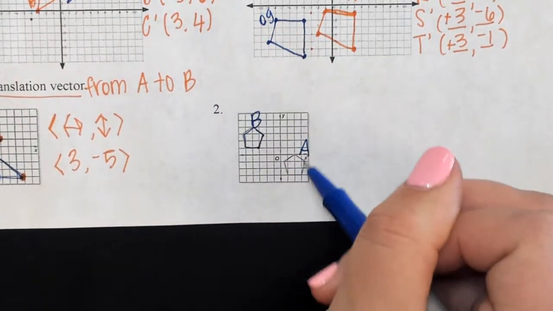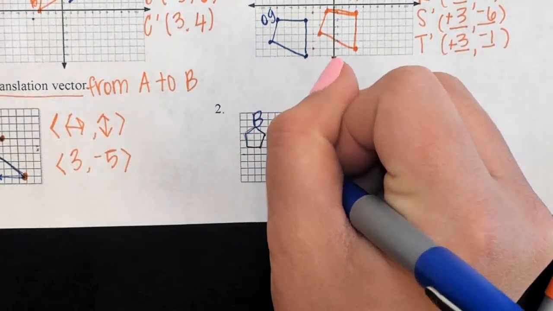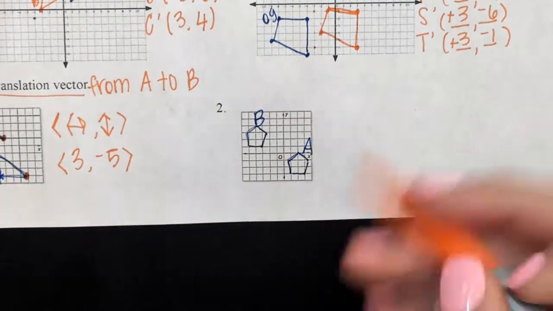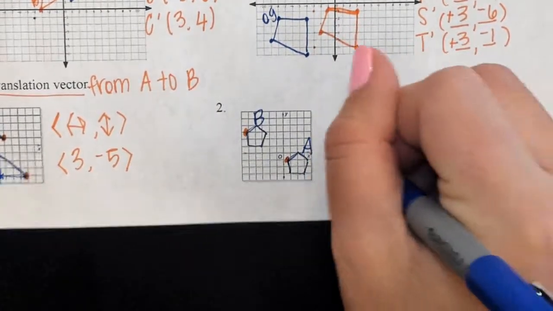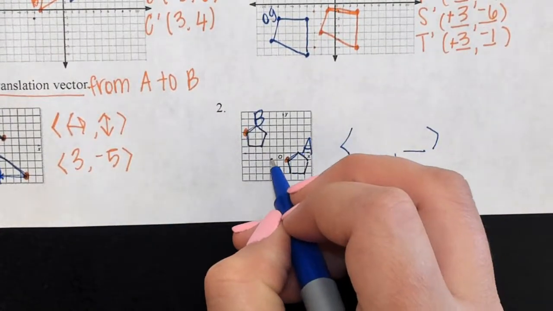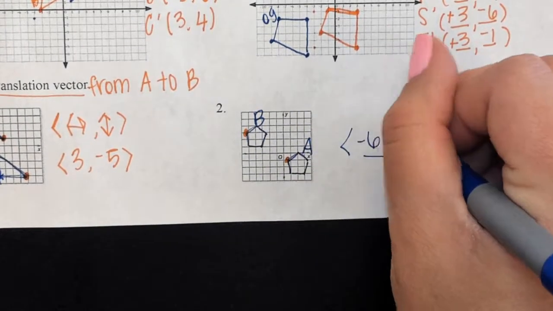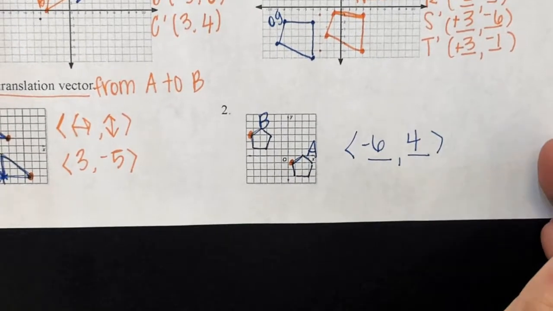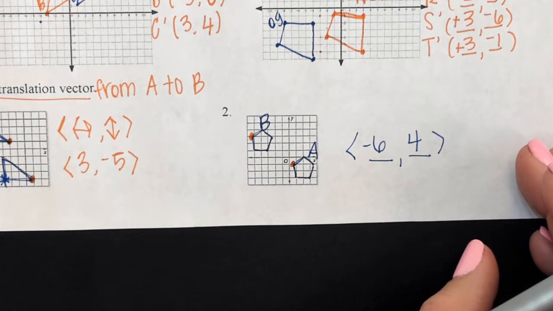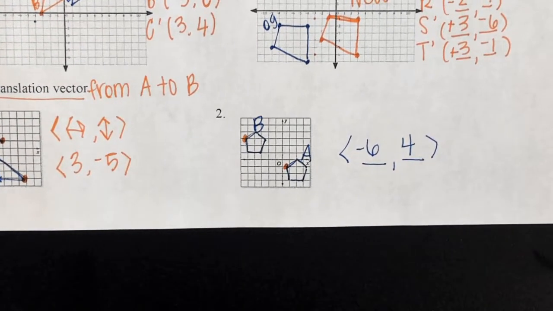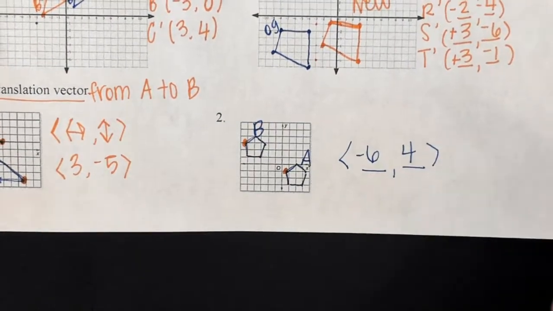So go from this one, from A to B. What do you think? Good? So sideways first? Sideways first. Because when you're graphing, you always go sideways first. Okay? That's lesson 2. Wasn't terrible, right?